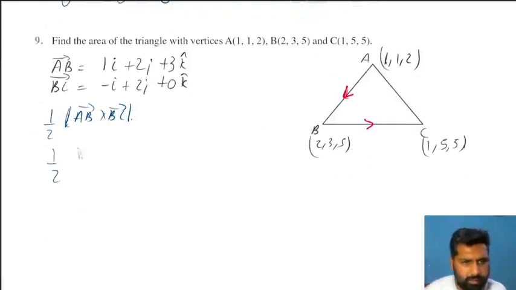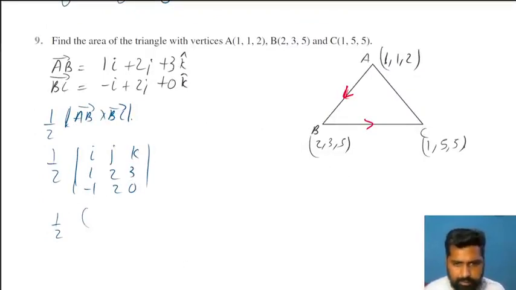1 by 2, i j k, 1 2 3, minus 1 2 0. Solve it and calculate accordingly what is coming.